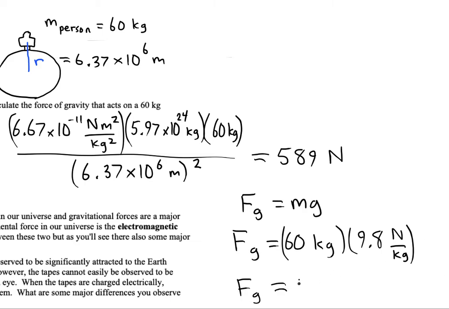And that also comes out to 588 newtons. So just two different ways of calculating a gravitational force. We want to keep this in mind for going forward because the way we calculate electric forces bears a lot of similarity to the way that we calculate gravitational ones.